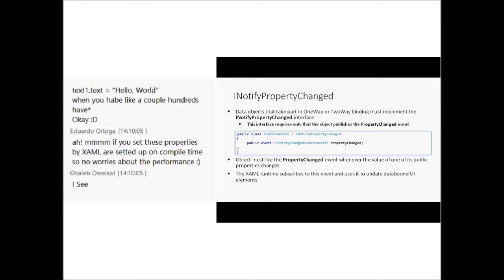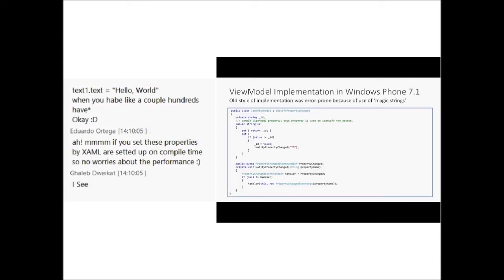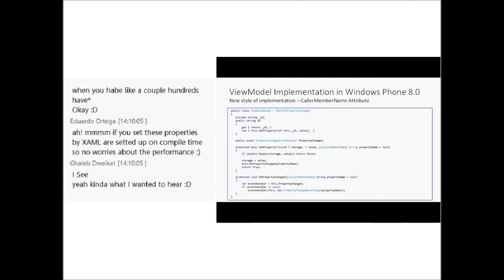How can I use this kind of INotifyPropertyChanged? That was a quick implementation for it for Windows 7.1. I will completely ignore that. That's dead. Let's go for Windows Phone 8, where you can say, for example, I'll add the INotifyPropertyChanged interface, right click and implement the interface explicitly.